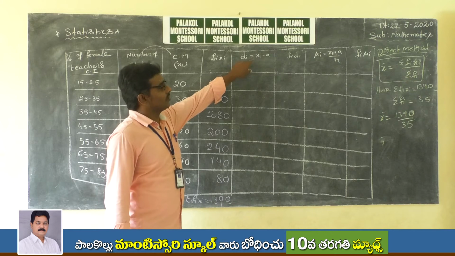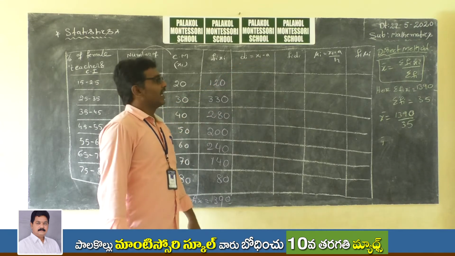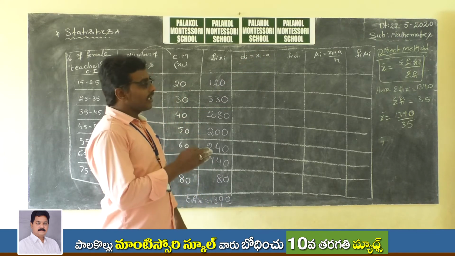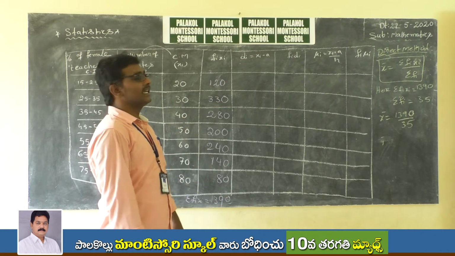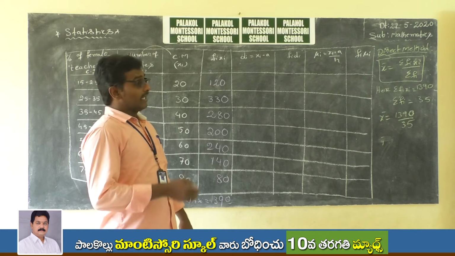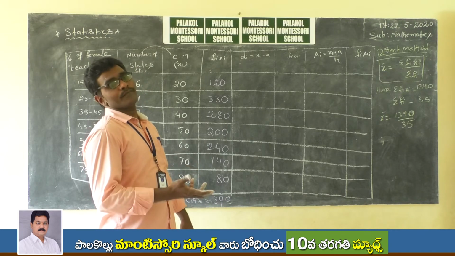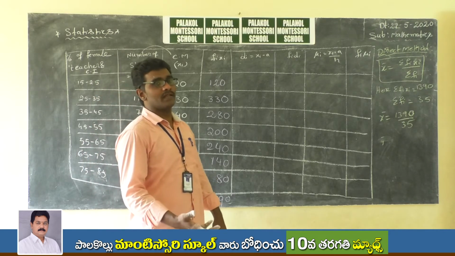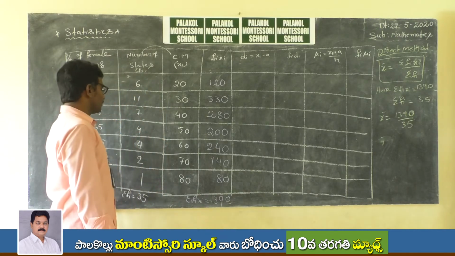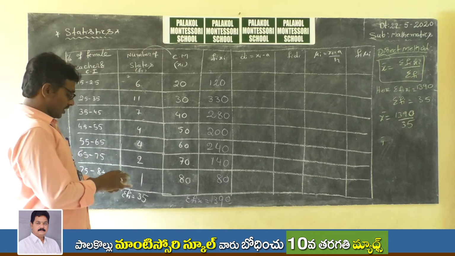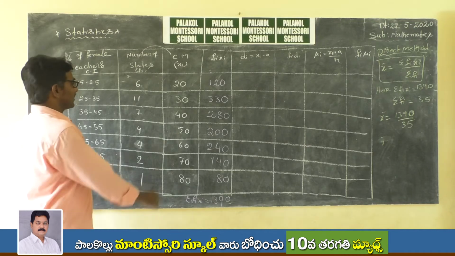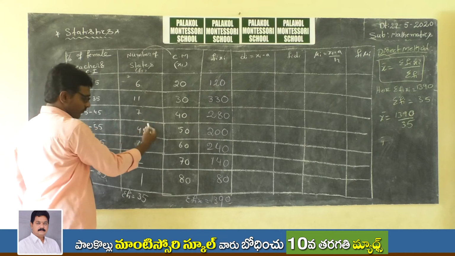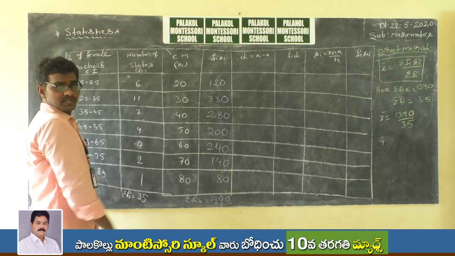Di is equal to xi minus a. Actually, how do you calculate di? A is subtracted from the mid values. First you choose that A from the mid values. In this case, I choose one of the mid values as A. Let's say, simply, total how many rows are there? 1, 2, 3, 4, 5, 6, 7. 7 rows are there.